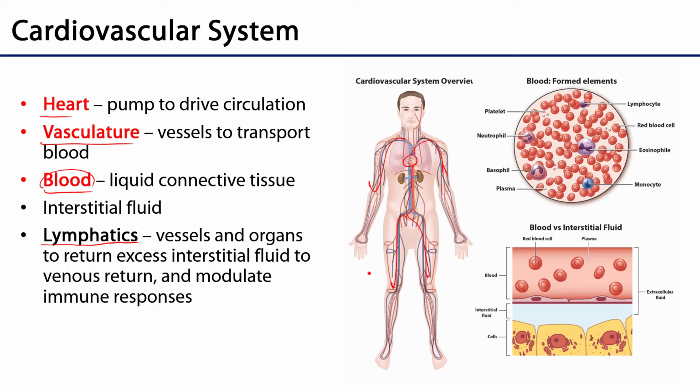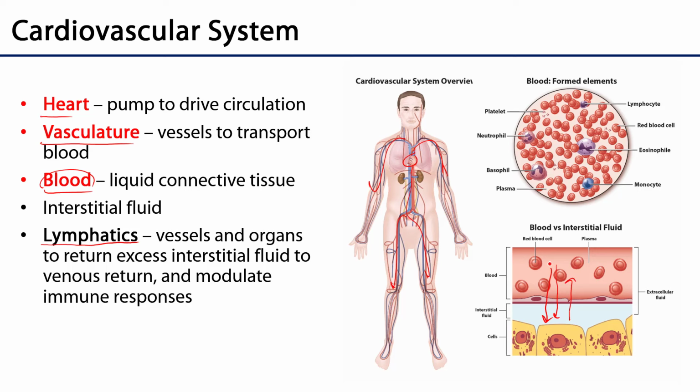Now, the area of action for the cardiovascular system is the capillary bed, and it's around the capillary beds that we have the exchange of materials from the blood out into the interstitial fluid. That is the material that surrounds cells or the body's tissues. And so we have a filtering of products from the blood out into the interstitial fluid, and we also have a reabsorption of products from that interstitial fluid back into the blood.